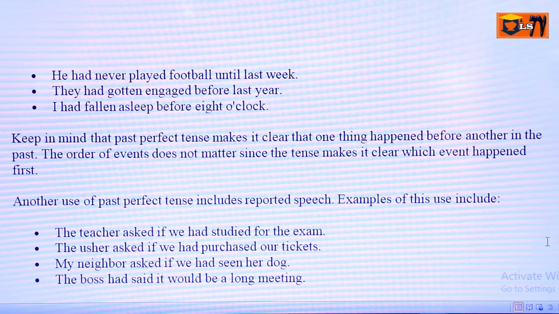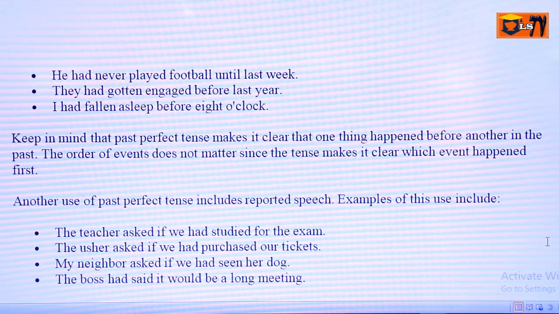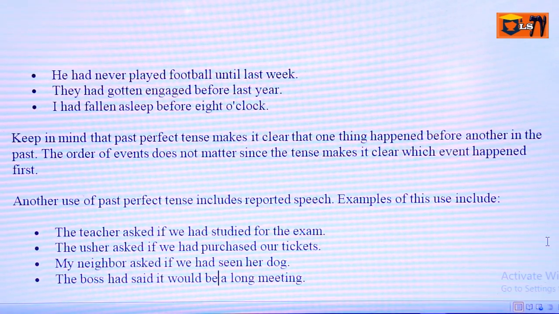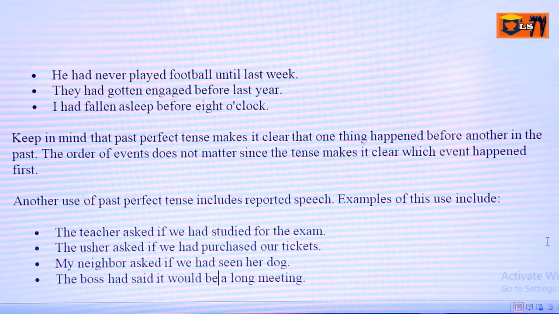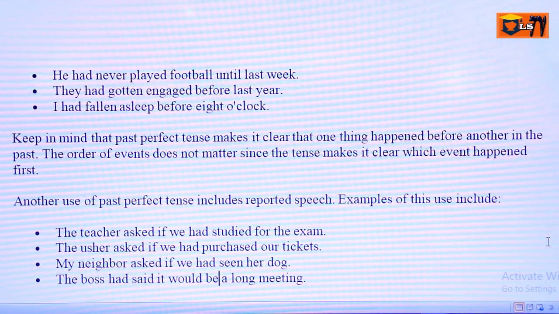One action took place before another action. So, that action that took place before another action should be expressed by using past perfect.